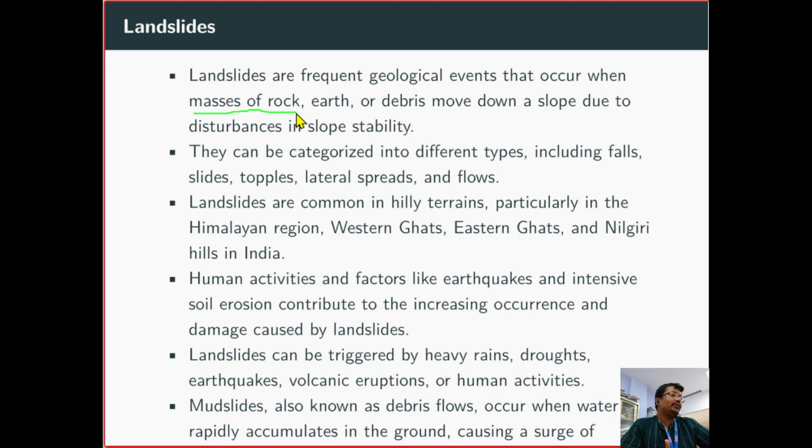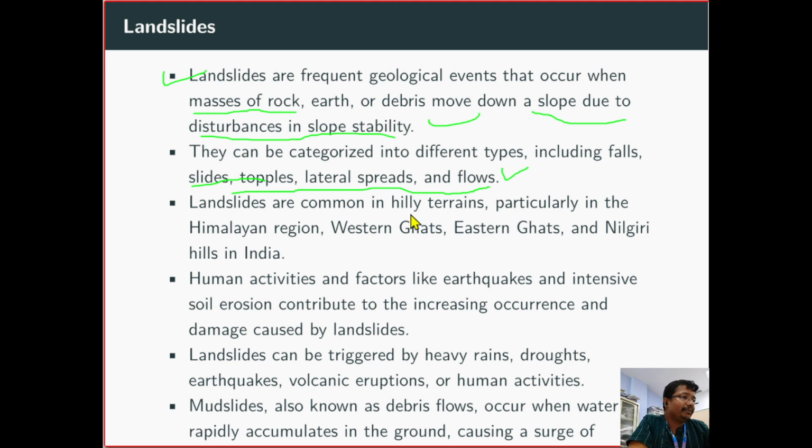They flow down due to the slope or the disturbances to slope stability. Then they can be categorized including falls, slides, topples, lateral spreads, and flows as well. So that's why I said it is not necessary that it will happen only on slopes, right?